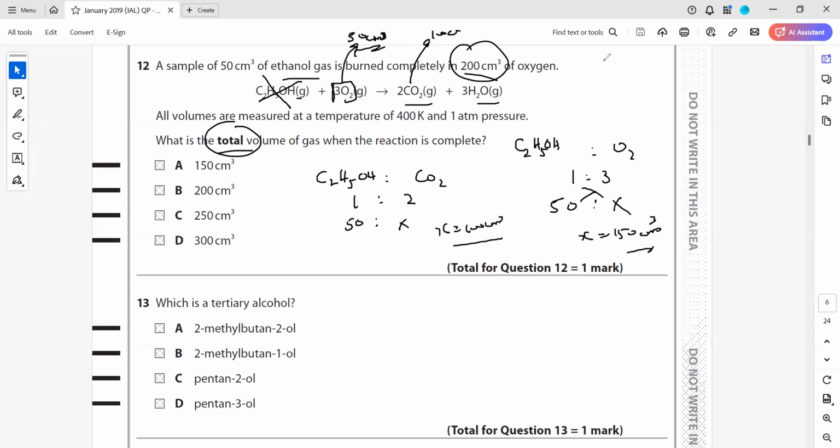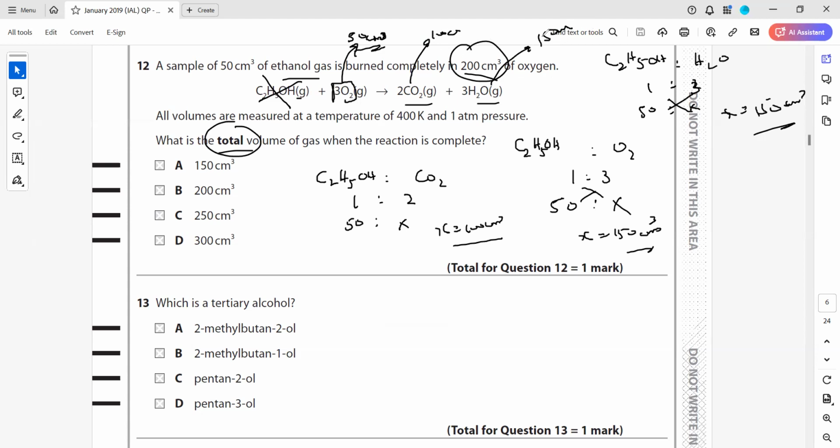And how much water vapor? Again, you take the ratio between the limiting reagent and the product. So 1:3 is the ratio. If we have 50 cm cube, cross multiply. The amount of product depends on the limiting reagent. So 150 cm cube of water vapor, 100 cm cube of carbon dioxide, and unreacted 50 cm cube of oxygen.